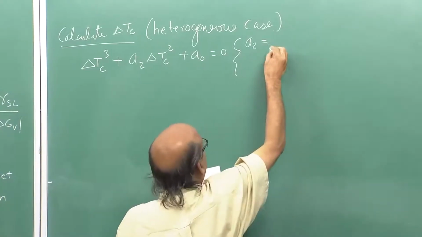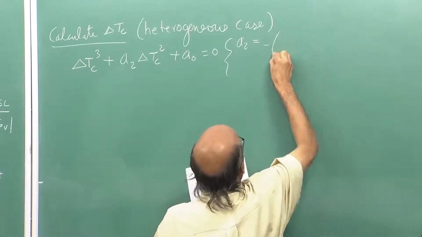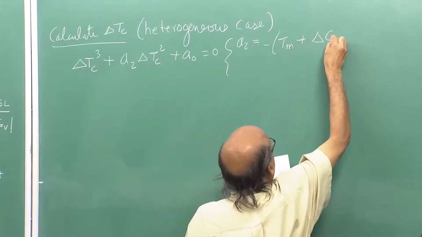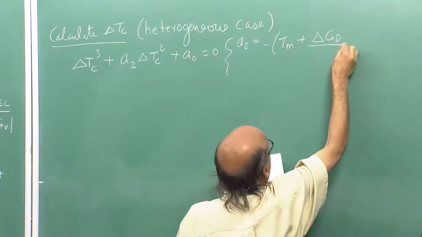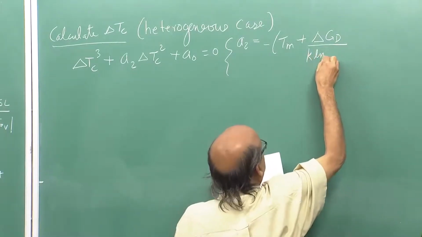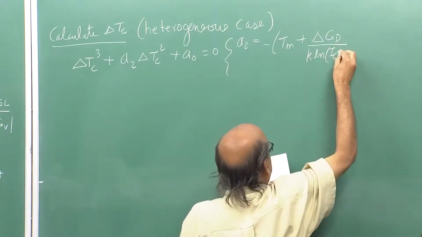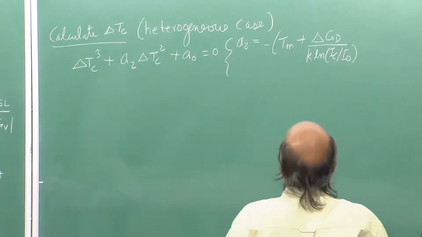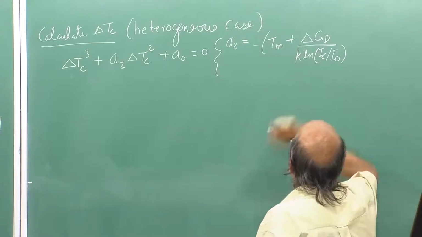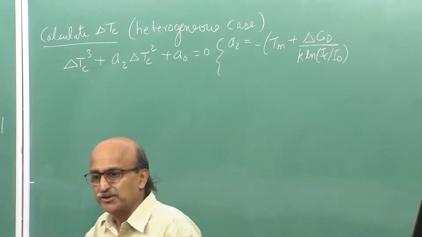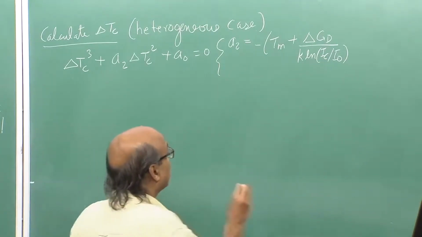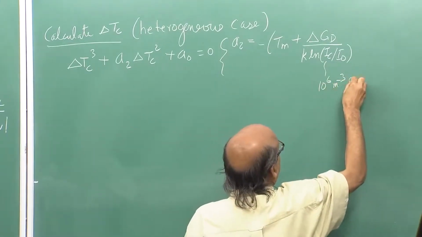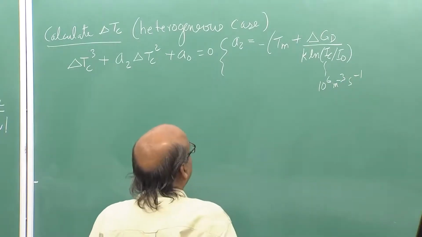A2 is equal to minus Tm plus delta Gd upon K ln Ic upon I naught, where Ic is the critical nucleation rate or the measurable nucleation rate, which we have been taking as 10 to power 6 per meter cube per second inverse.